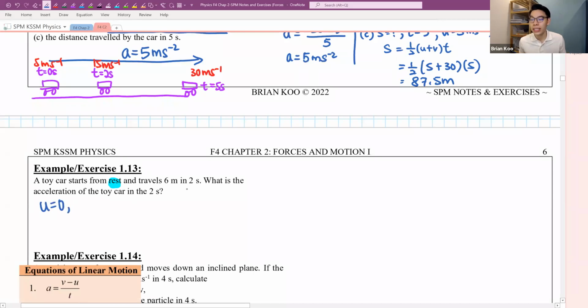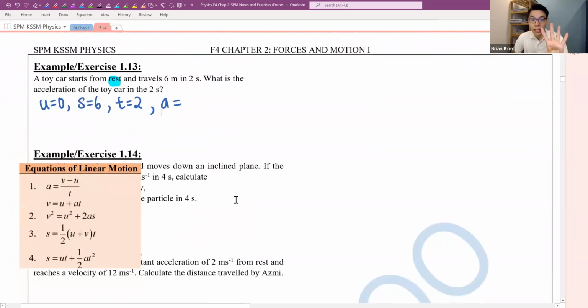Travel for 6 meter, that means displacement. And then T is 2 seconds. What is the acceleration of the toy car? So you have 4 things involved, including the one that you are looking for. 3 are given, and the 4th one is the one that you are looking for. The 5th one is the one that you don't want, right?